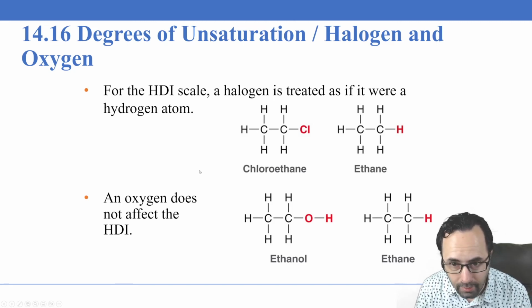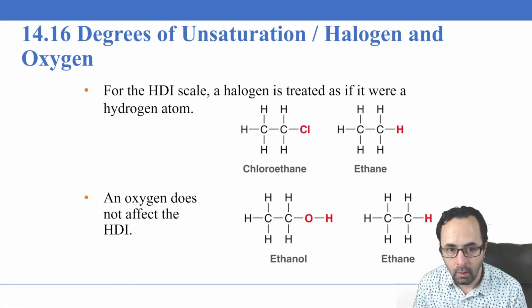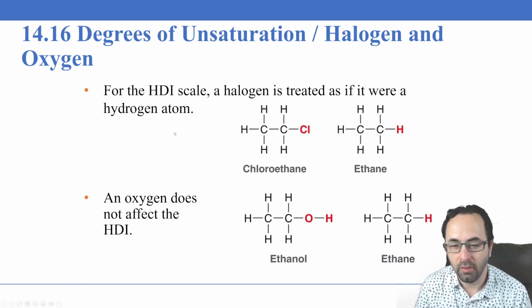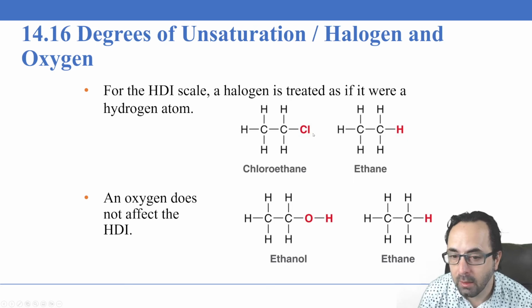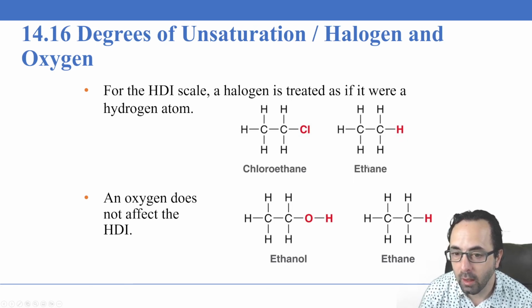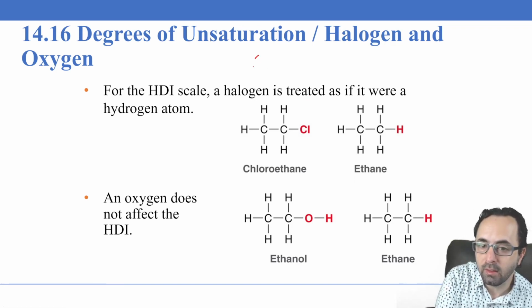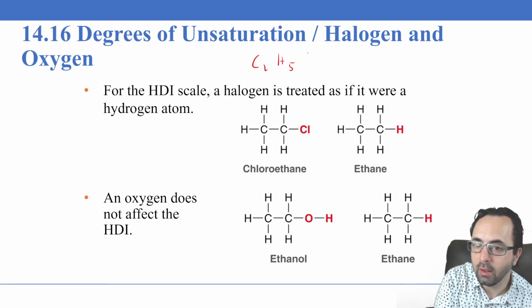When it comes to atoms that are not carbon and hydrogen, this is how they affect the HDI scale. If you have a halogen atom, it replaces a hydrogen atom. For example, here we have C2H5Cl.